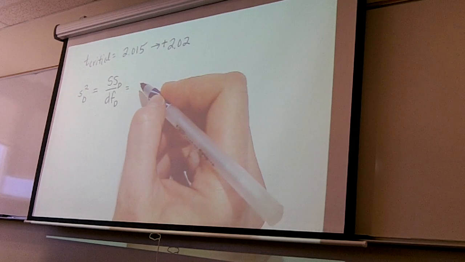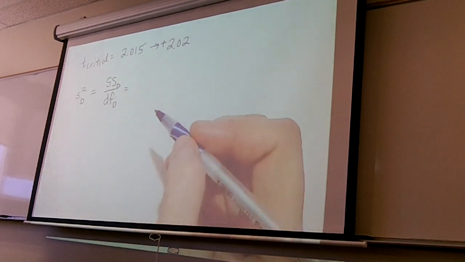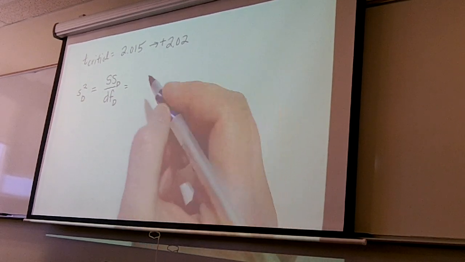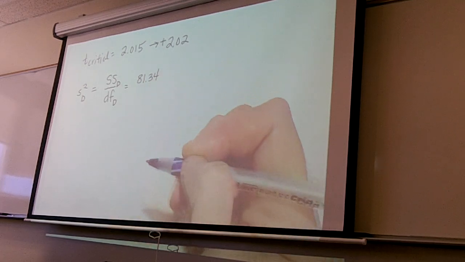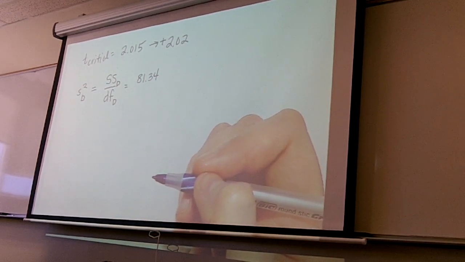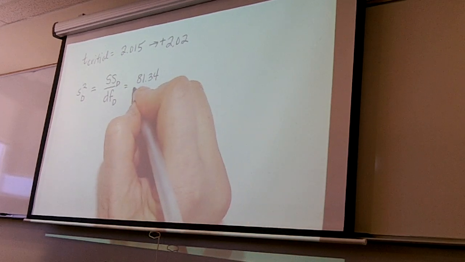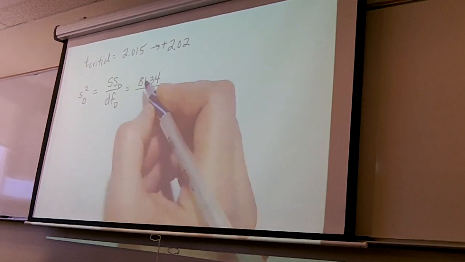All right, so we know where the sum of squares of the difference is, right? We did that before. It's up there at the top of the sheet. That was 81.34. I gave you that already, because I was being nice. And the degrees of freedom of the difference we figured out already. That was 5.